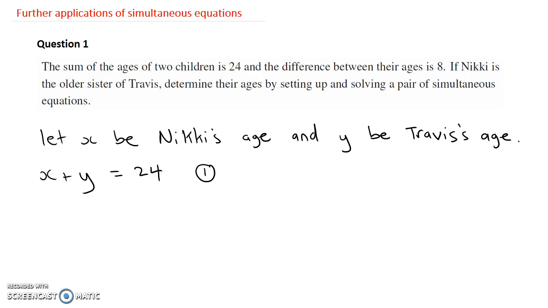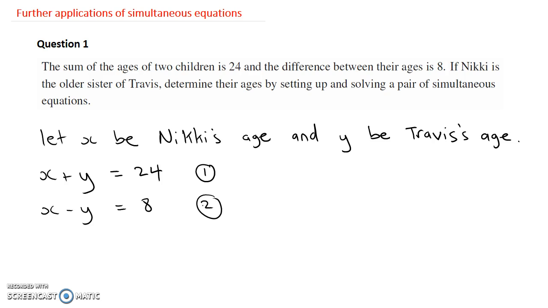The other thing we know is that Nikki is the older sister of Travis, and the difference in their age is 8. So if we have Nikki's age and subtract Travis's age from it, that will give us 8, so x minus y equals 8. Now we've got two pretty simple simultaneous equations that we can solve.